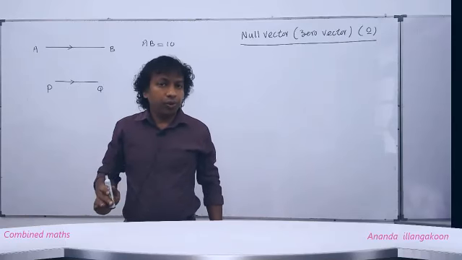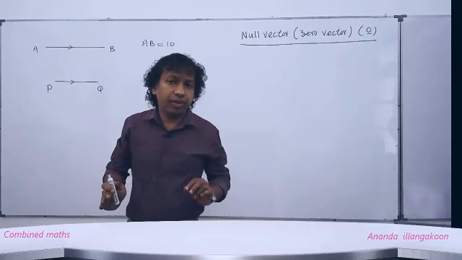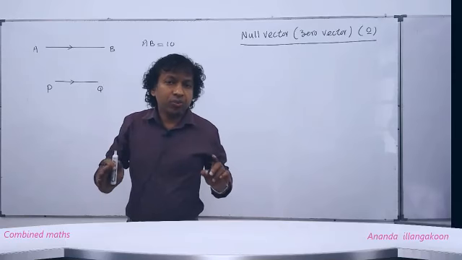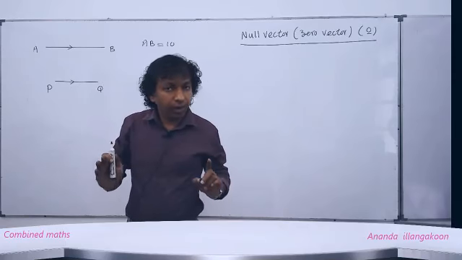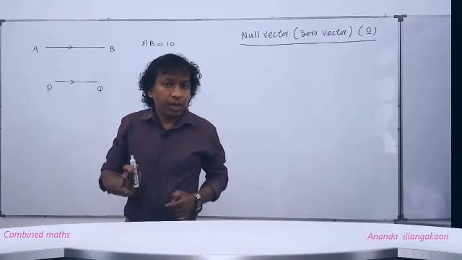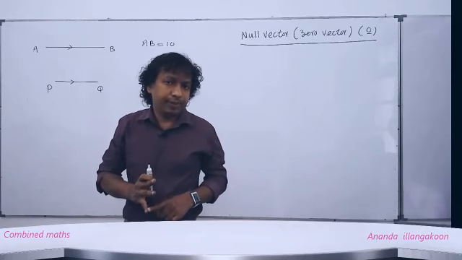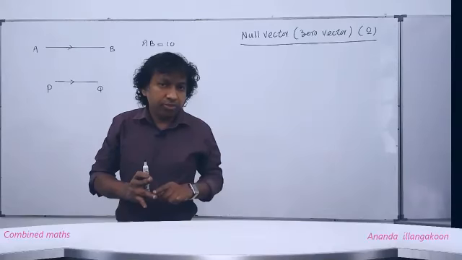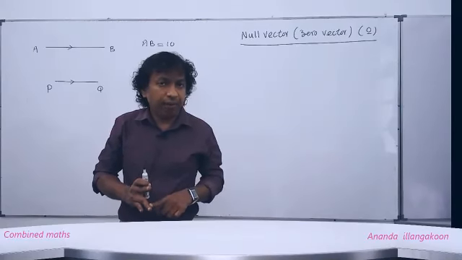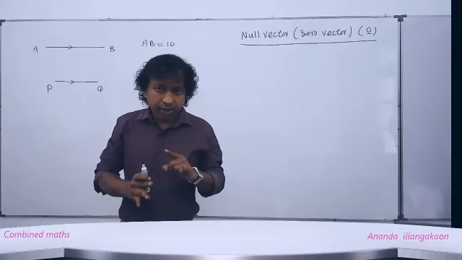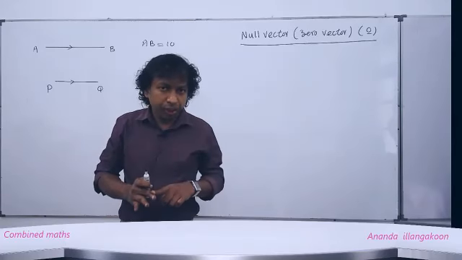You know the conditions required for two vectors to be equal: the corresponding line segments should be equal in length, the line segments should be parallel, and the directed direction should be the same.